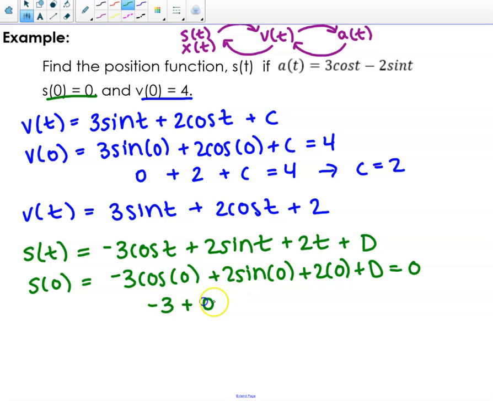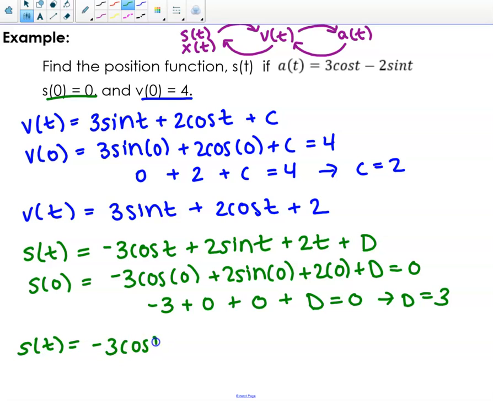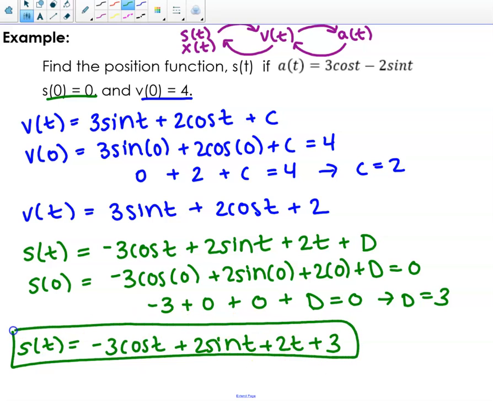Sine of 0 is 0, 2 times 0 is 0, plus d equals 0. So d is equal to 3. So now my position function, s of t, would be negative 3 cosine t plus 2 sine t plus 2t plus 3. And that is our specific position function.